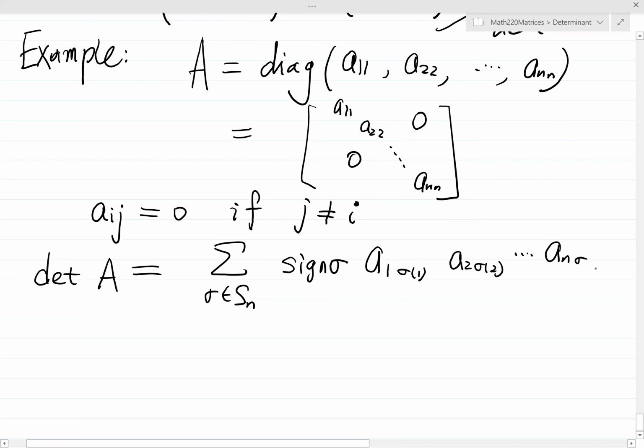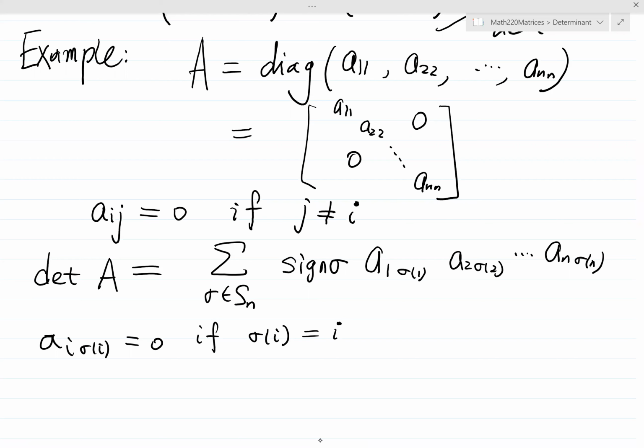Now remember, if sigma i is not equal to i, this is an off-diagonal term, so Ai sigma i is 0, and the product will be 0. So the off-diagonal terms vanish.